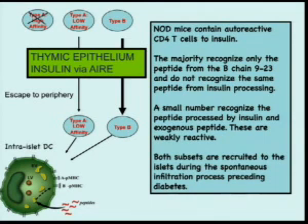Okay. So then we have these conclusions that the majority recognize only the peptides and do not recognize the peptide from insulin processing. These are the unstable peptides that I was telling you about. Both subsets are recruited during the spontaneous infiltration, but this is the predominant subset. We have done experiments, which I am not presenting to you, in which we use mice that were created by the Eisenbarth group that are hormonally active.